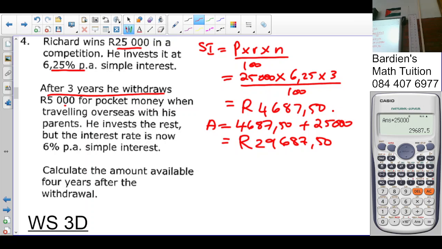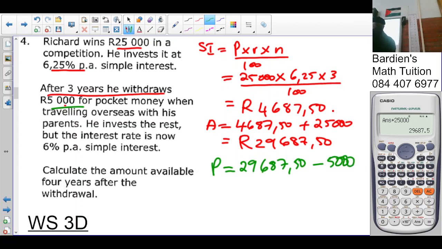Then what happens? He withdraws 5,000. Is that account getting bigger or smaller? Smaller. But how much smaller? 5,000. Can you see that? So your new principal now, I'm going to use green now, is 29,687 rand and 50 cents minus 5,000 rand.